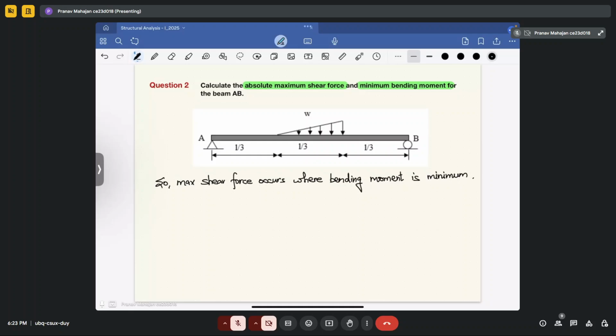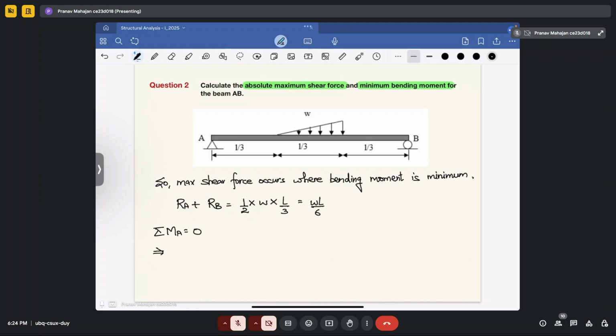So in this case, you have RA plus RB equal to 1 by 2 into W, that is the maximum load in this section, into the length L by 3. So that will be equal to WL by 6. Now take moment about point A equal to 0.